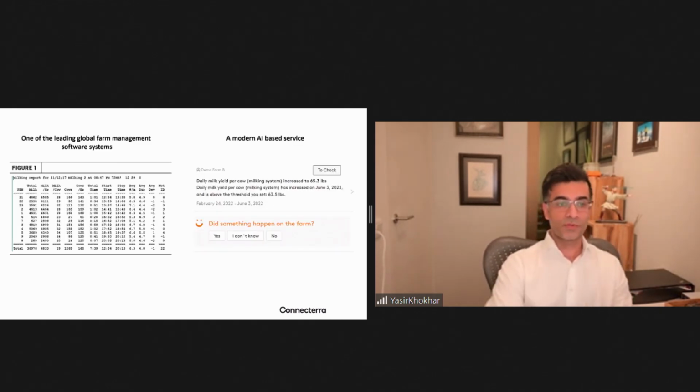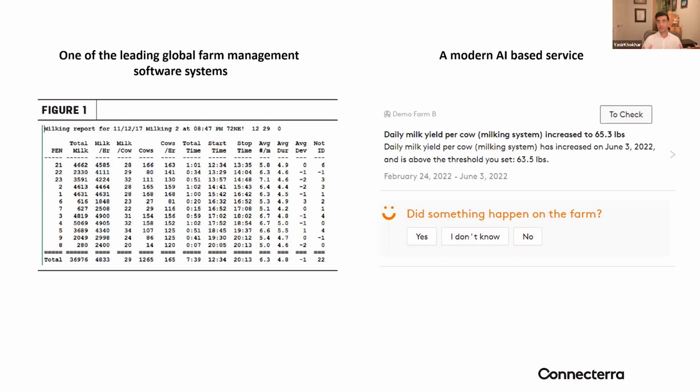And the current state of affairs is on the left, where you actually have to use rows and columns and you have to go fit in a lot of these data sets and you have to then figure out what they mean. And on the right is an example of a modern AI-based service that's sort of doing the same thing, looking at milk analysis, for instance, but making it easy and at the same time making it an ease of use design pattern to say, let's capture some information while we're at it as well.